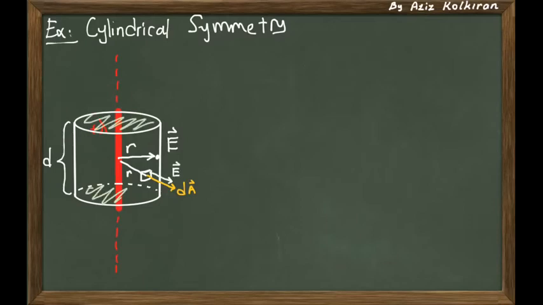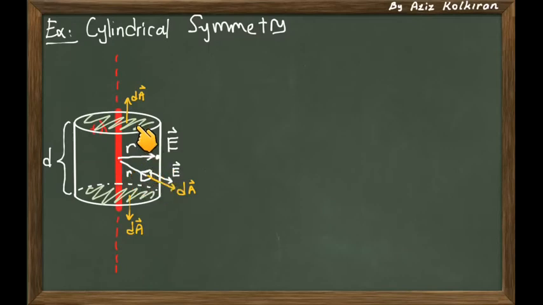Alright. What about the bottom and top surfaces of the cylinder? Of course, we need to take these surfaces into account to calculate the flux, because every Gaussian surface is a closed surface, so we have to consider all the surfaces of this pillbox.